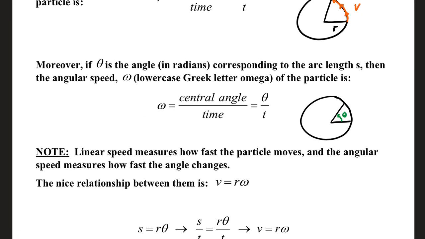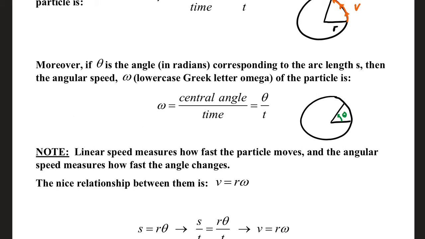If theta is the angle in radians corresponding to the arc length s, then the angular speed omega, which looks like a smooth w but is the Greek letter omega, of the particle is the amount of angle swept in a given amount of time.